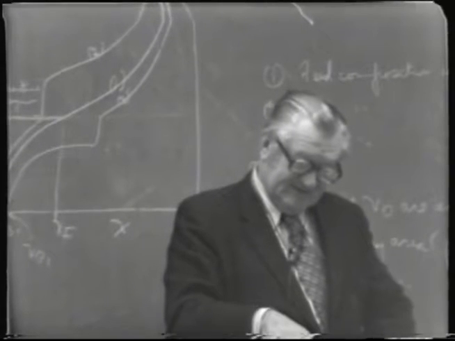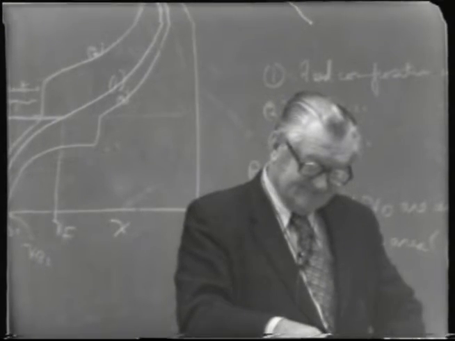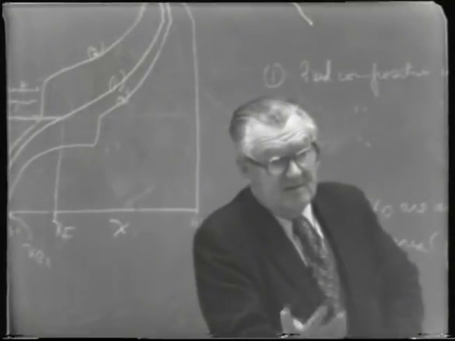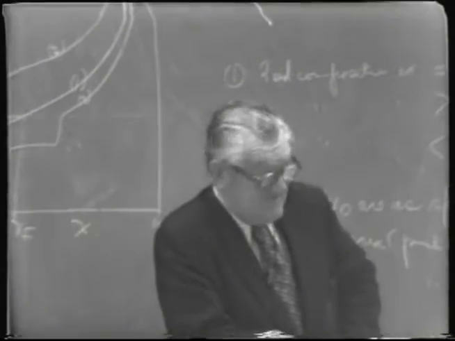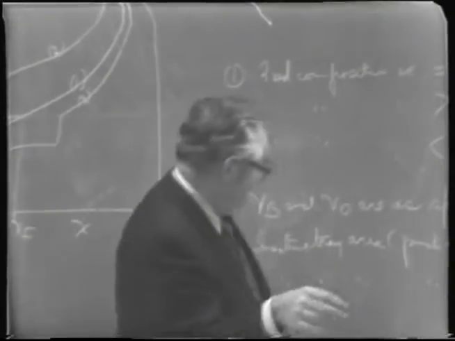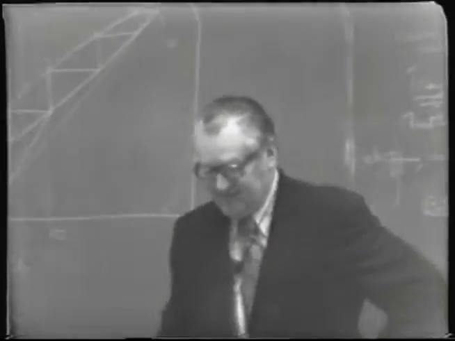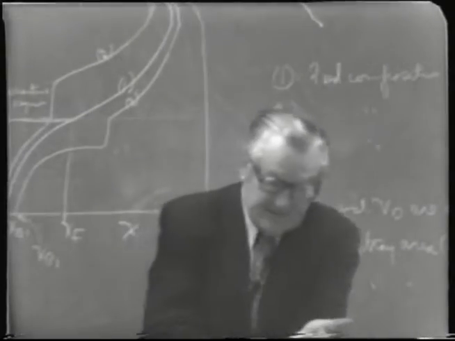Now, if you compare the situation, let's say you had a feed of 2%, you might get the alcohol stripped out to 0.02, let's say. I better not try to work out an example because I don't have it here, but let's say you might get it down to 0.02.